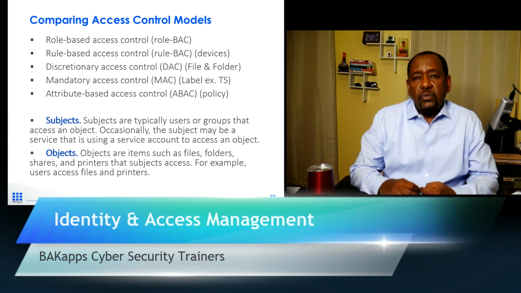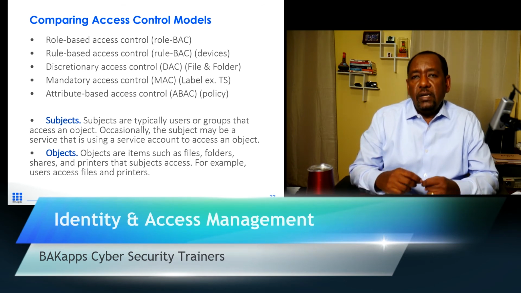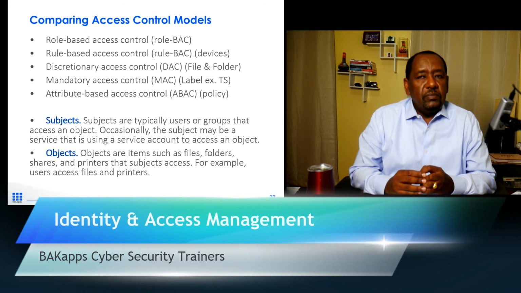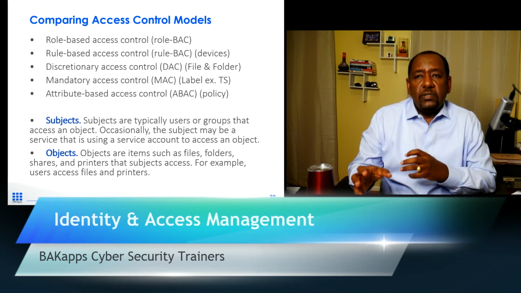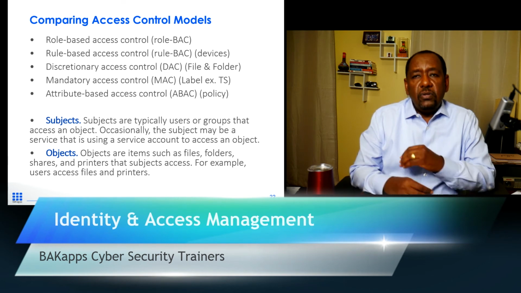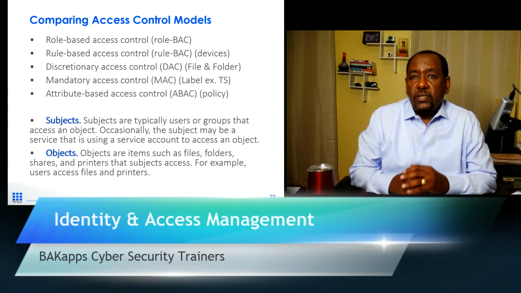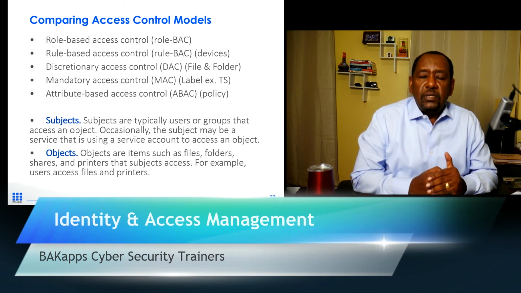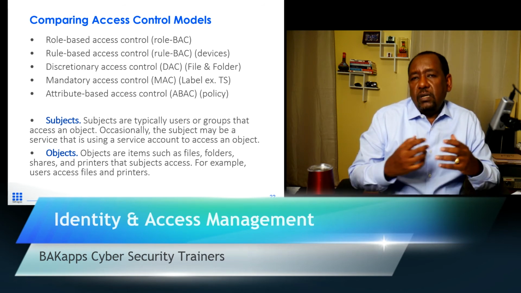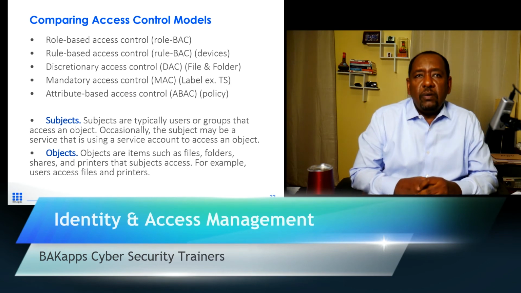The system is configured to identify your clearance level, and it is mandatory. Unless you have a specific clearance level, for example top secret, you can't access that folder. That's mandatory. No one can change it. This is particularly in a highly secured environment.